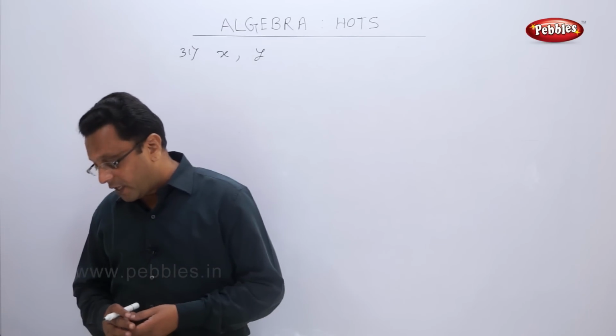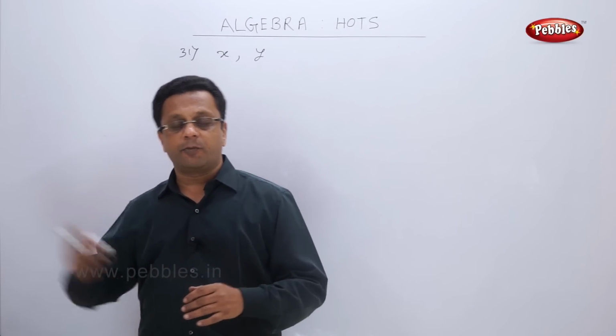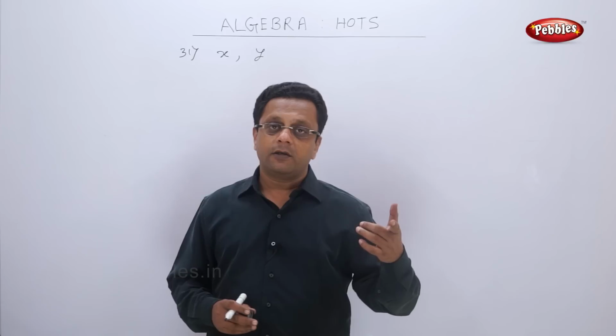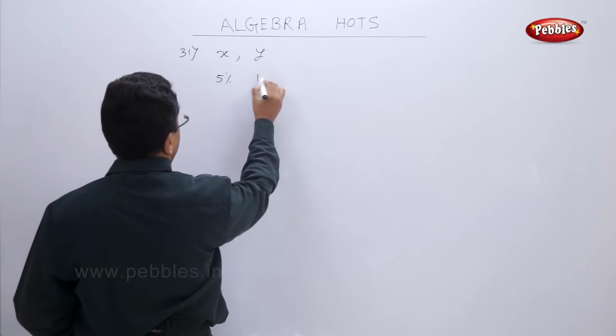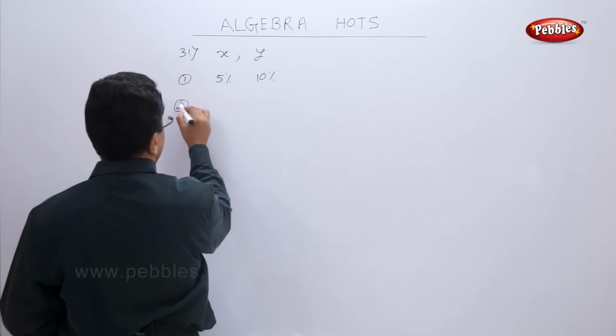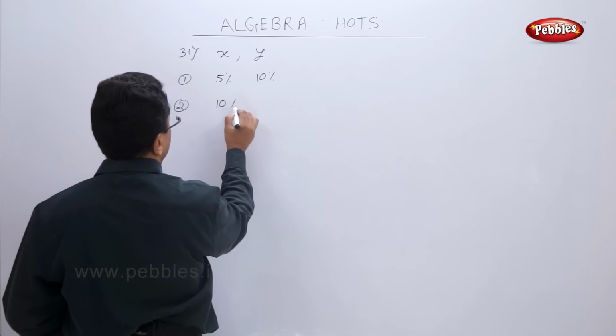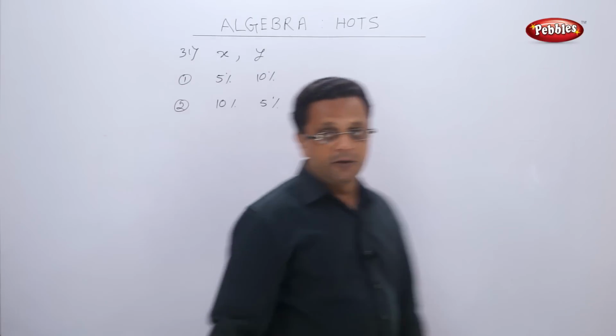Now, if he had deposited y in the savings account and x in the fixed deposit, that is, initially x had the interest rate of 5% and y had 10% as the first condition. In the second condition, x was deposited with interest 10% and y with interest 5%.